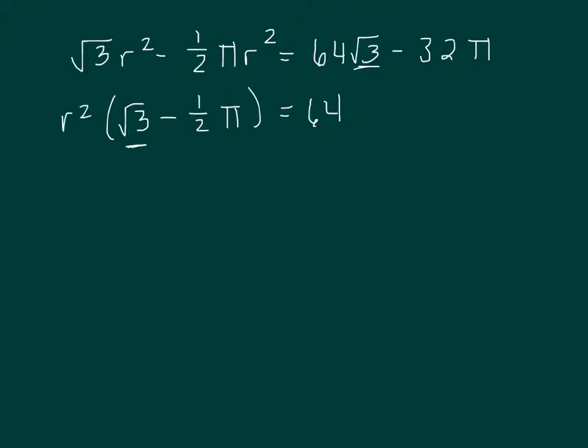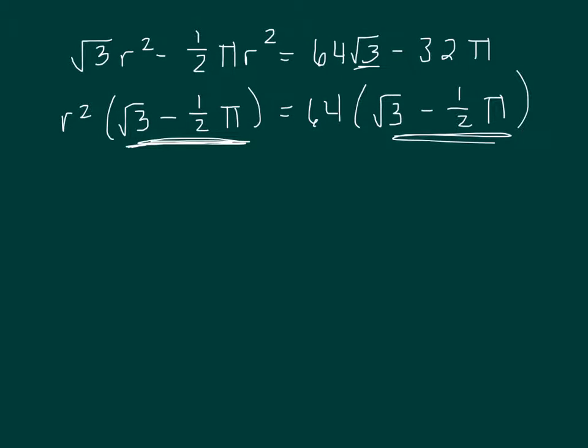Watch what happens. If I factor out a 64, that's going to leave me a square root of 3 minus 32 over 64, which is 1/2 pi. So look, divide both sides by that, and you're left with r squared equals 64, or r equals plus or minus 8, but the radius has to be positive. So the radius is 8.